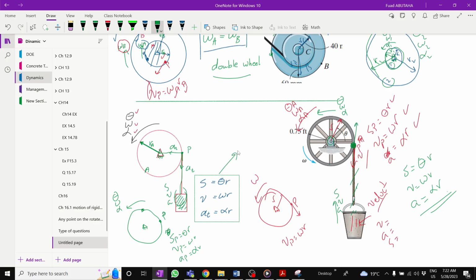You need to memorize, or consider, that the position, velocity, and acceleration of this one will be the same as the position, velocity, and acceleration at this point connected with this wheel. So these are all the types of questions that you may expect.